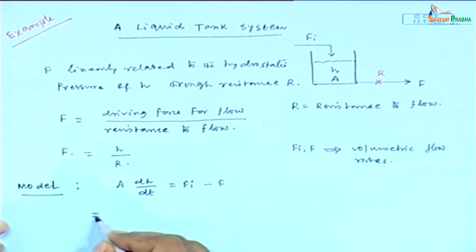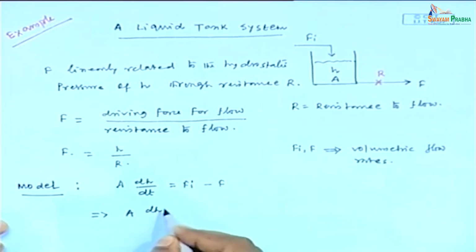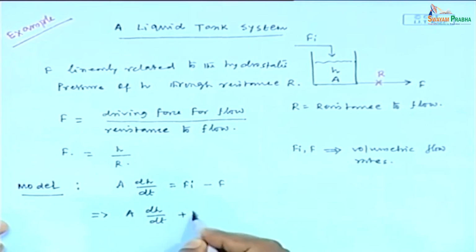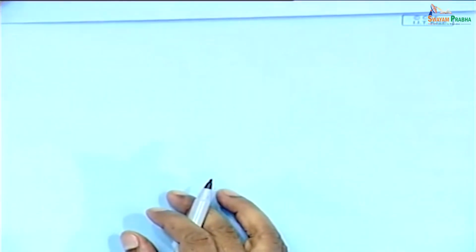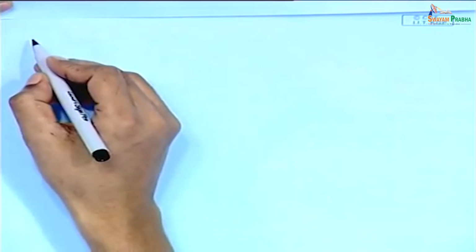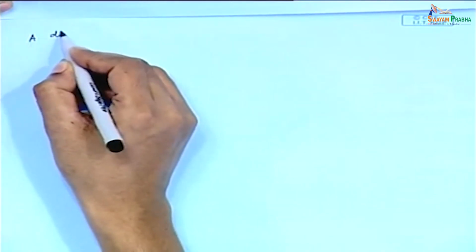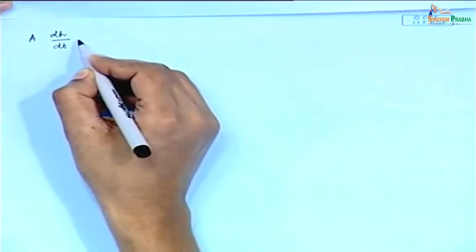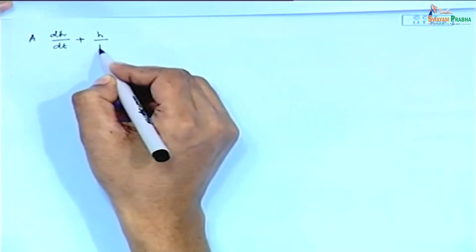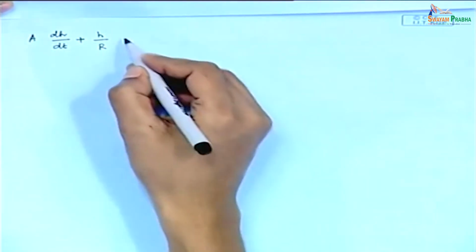Now, if we rearrange this equation, we get A dH dt plus F equal to Fi. Now, we will substitute F equals to H by R. Then we get A dH dt plus H divided by R equal to Fi.